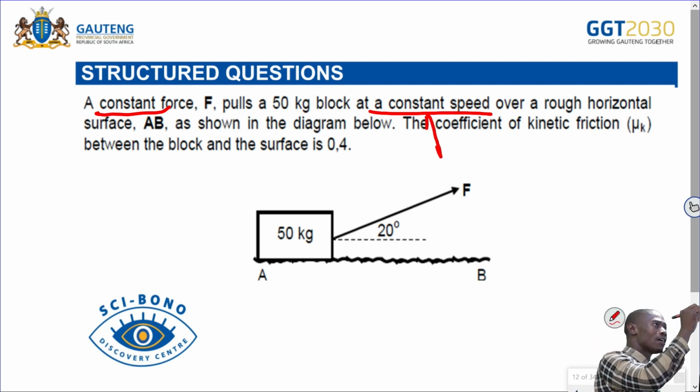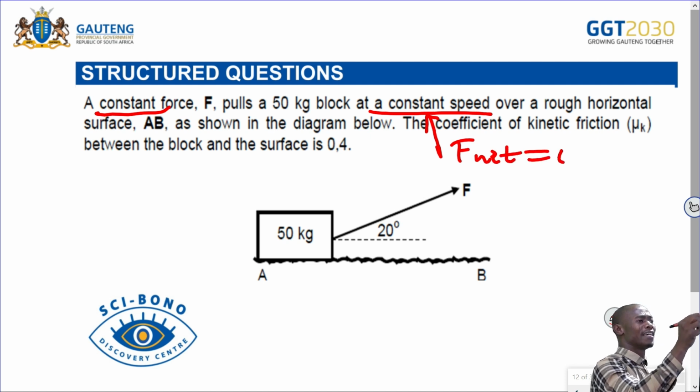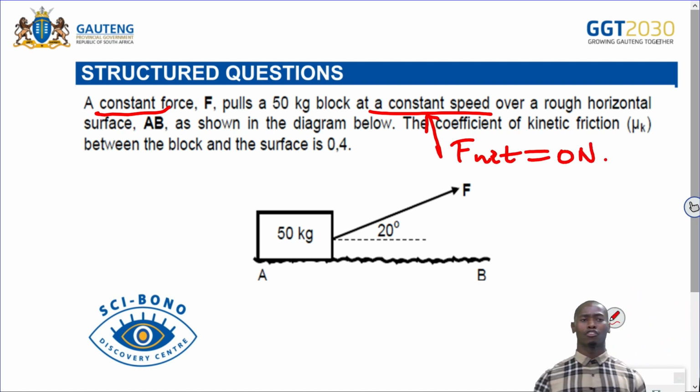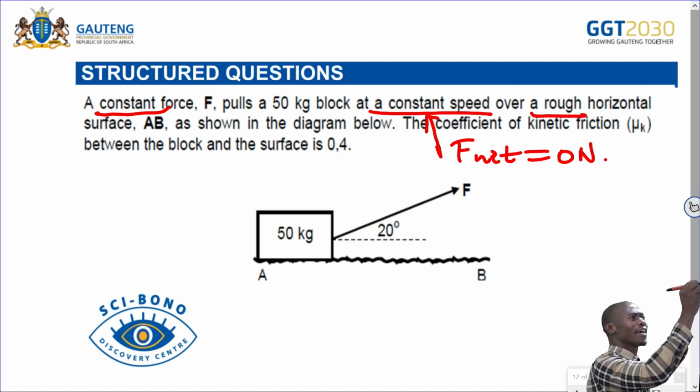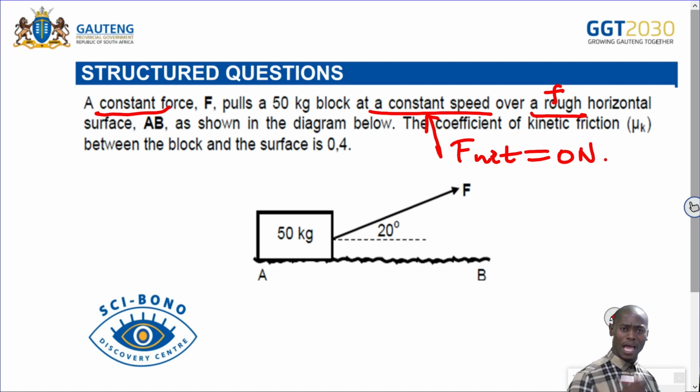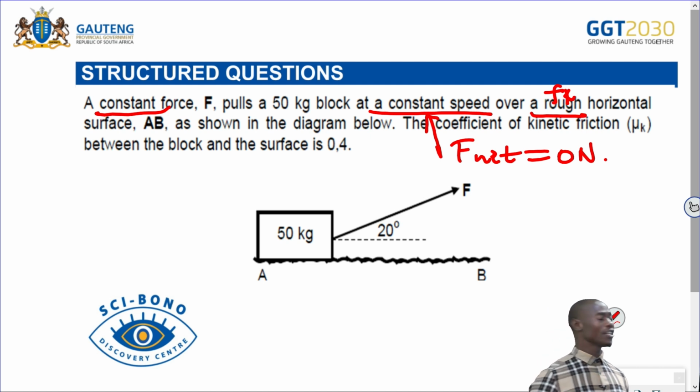Then now we can say, okay, at a constant speed, then Fnet will be 0 newtons, because they've talked about the constant speed over a rough horizontal surface. Rough, so there is friction. What type of friction? Kinetic, because this object is in motion, right? Then the coefficient of kinetic friction, mu k, between the block and the surface is 0.4.